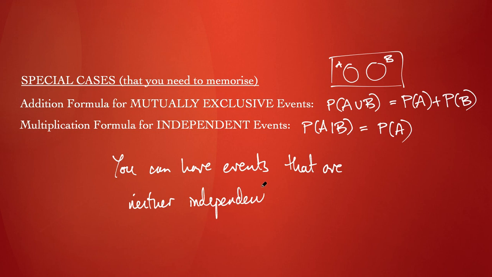There isn't a special word for those. But I know that some people have been thinking that they're either one or the other. They're not. If they're mutually exclusive, they're definitely not independent. If they're independent, they are definitely not mutually exclusive, but there is this third category that doesn't really have a name, just events that don't fall into either category.